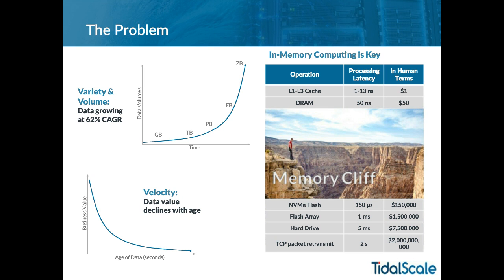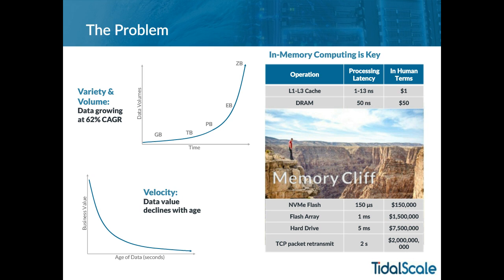Looking at the right-hand part of this slide, if we look at the different types of memory that's available, obviously the level 1 through 3 cache is the fastest, DRAM is next, NVMe flash, flash array, hard drives, etc. We call that gap between DRAM and NVMe flash the memory cliff. Because once you're going to storage, even very fast storage, the amount of time it takes to load the data and analyze the problem changes by orders of magnitude.